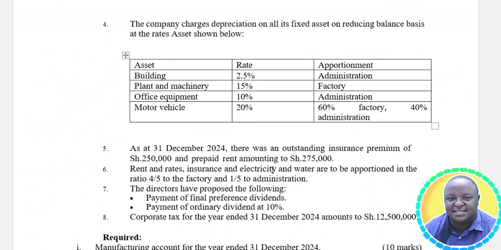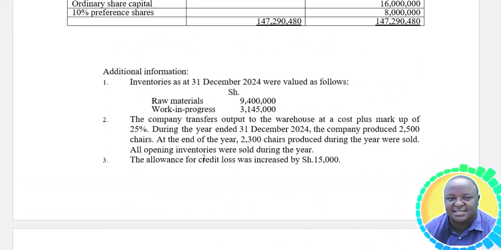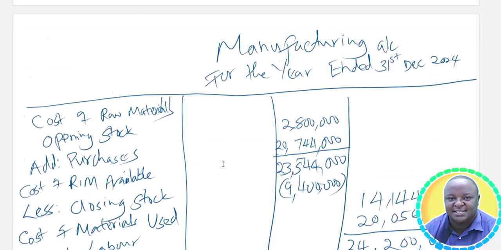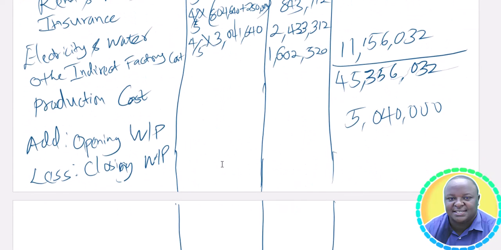Closing work in progress, from additional information, we have been told that inventory as at 1st December was valued as work in progress at 3,145,000. So we less that closing work in progress, 3,145,000. Okay, let's see what we get.